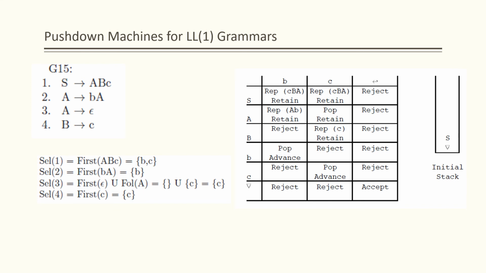Because you need it to construct a one-step pushdown machine. From the result of the 12 steps we followed, rule number 1 is B, C, rule number 2 is B, rule number 3 is C, and rule number 4 is C. This information is important for constructing the pushdown machine.